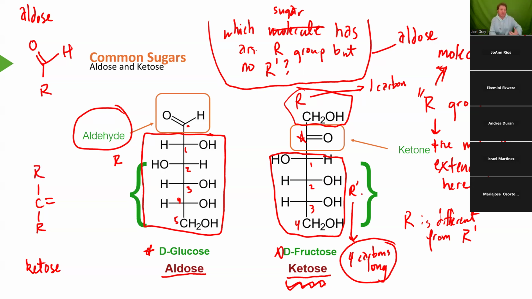But I want to indicate that these R groups are different. So I'm going to throw a prime on one of them. And I forgot my oxygen, sorry. Does that make sense?